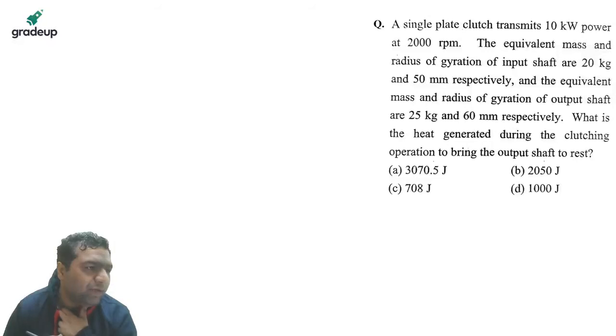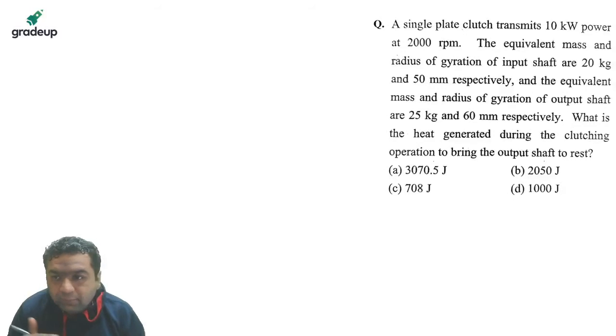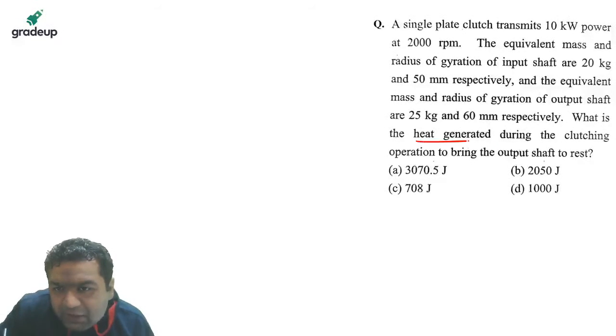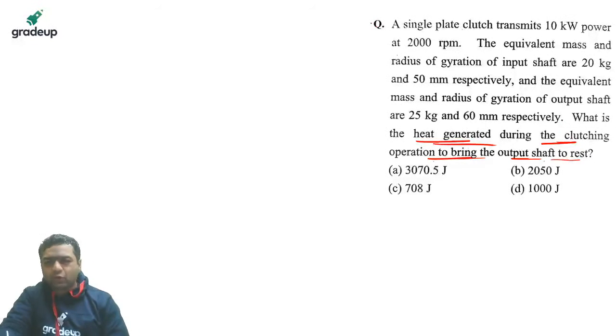Very good. Here you need to find out the heat generation during the clutching operation to bring the output shaft at rest. It is a good question, a new type. This type of question has never been asked in GATE.